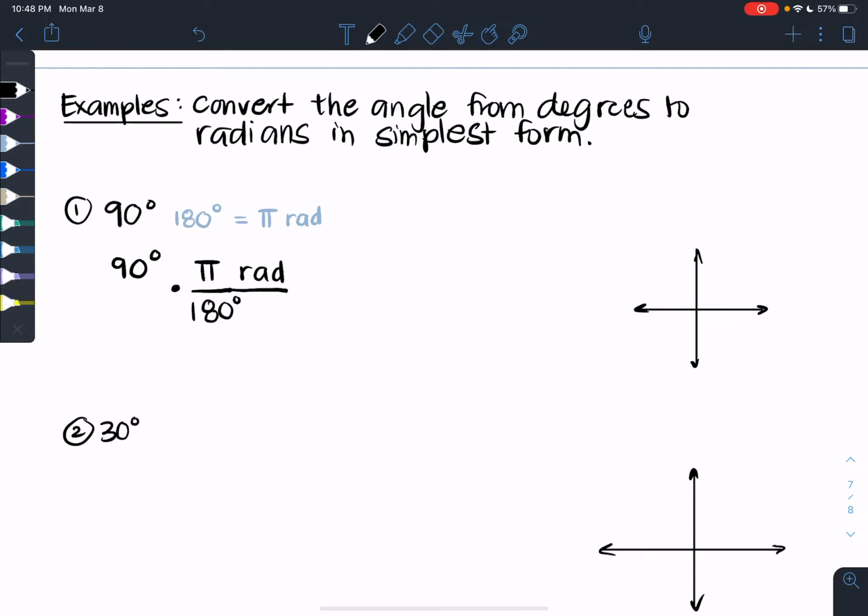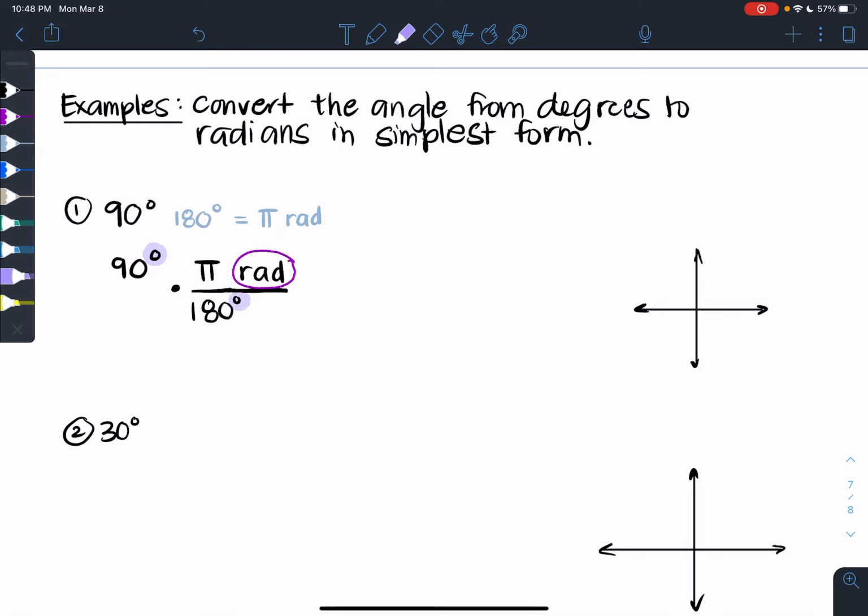I'm just going to extend that because I want to remind you: radians in this example is in our numerator. The reason why is because that's the unit we want to end in. The unit we want to cancel is this degree here and here.